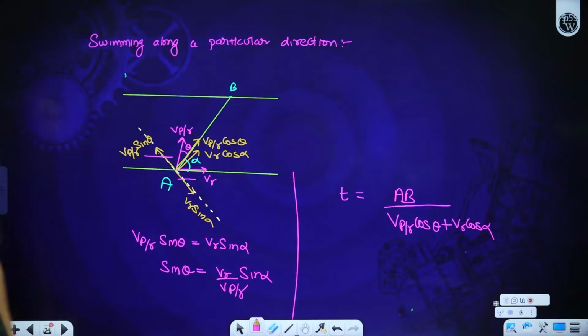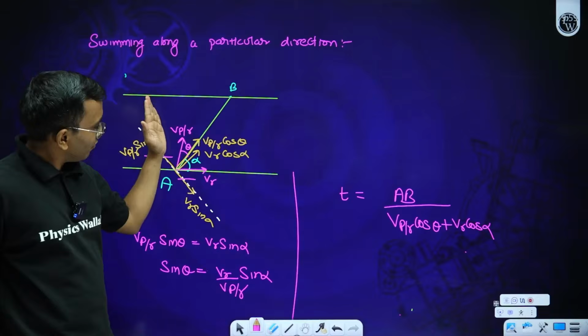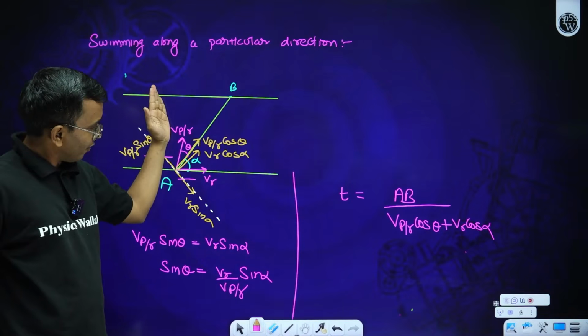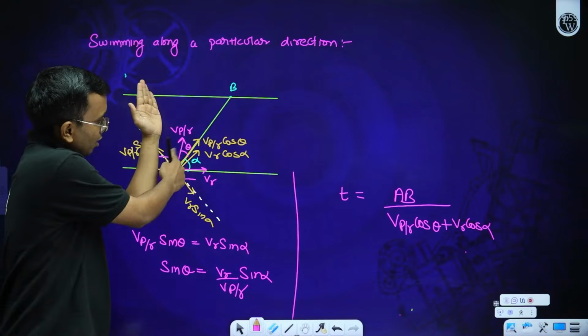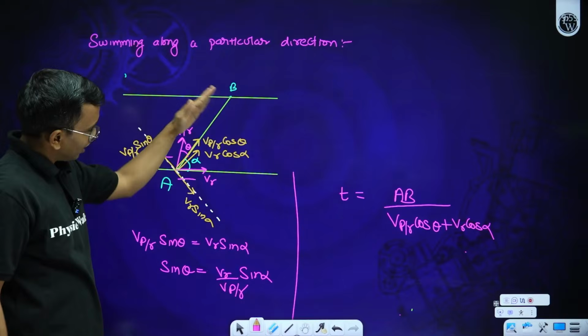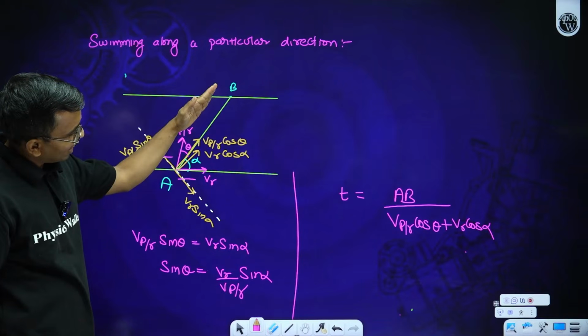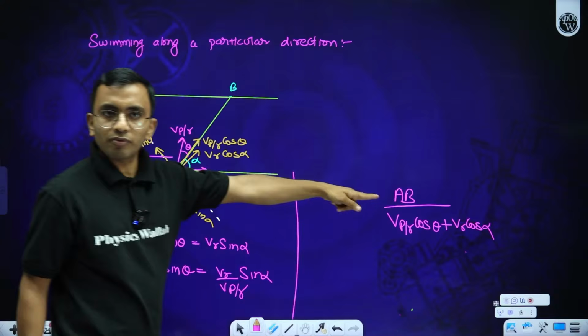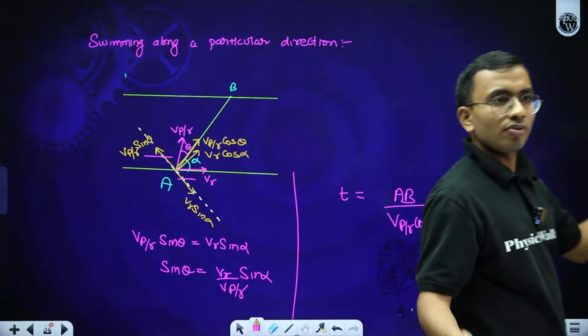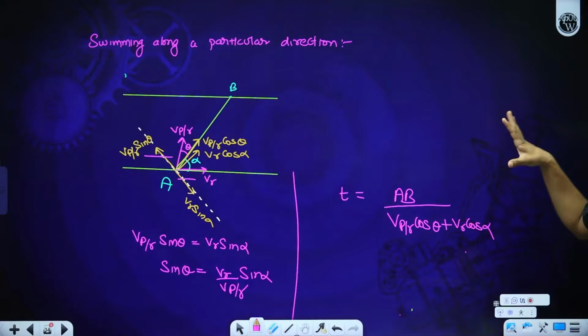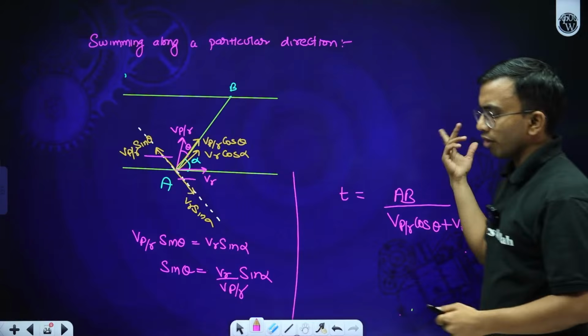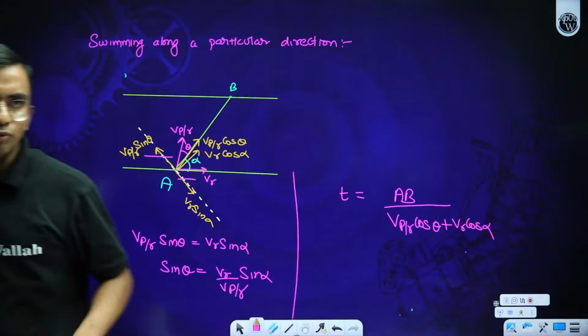You can write AB in terms of width also. If the width W is given, that angle will be 90 minus alpha, so AB will be equal to W by sine of alpha, and then you will be able to substitute the values and solve if that is asked in the question.